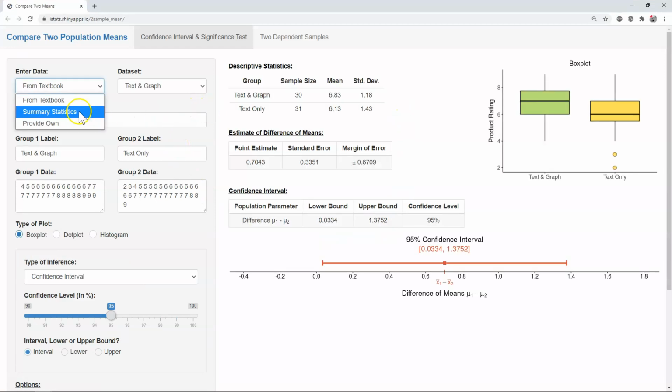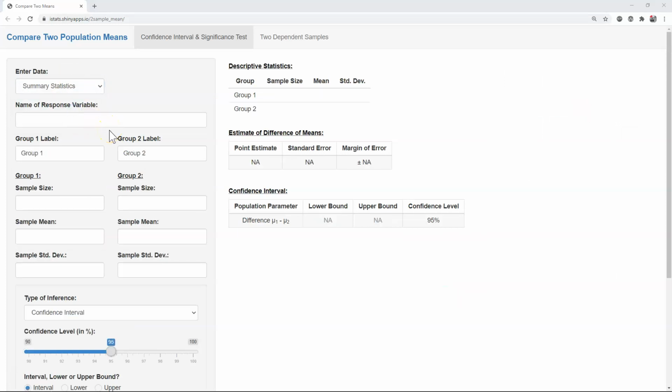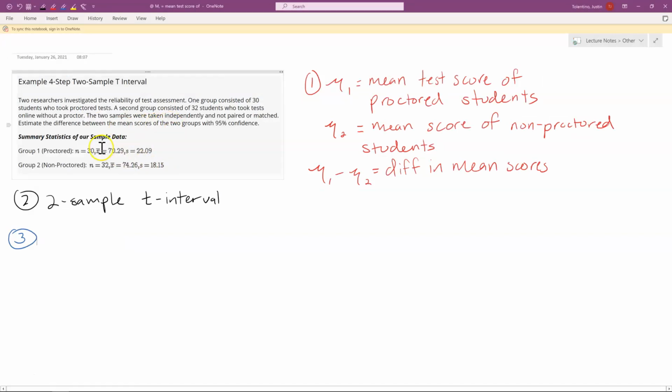And this is what comes up. Let's switch this to the type of data that we have. So do we either have the summary statistics or the raw data? And we know we have the summary statistics because these right here are what we call summary statistics. We don't have the actual scores of every single student.